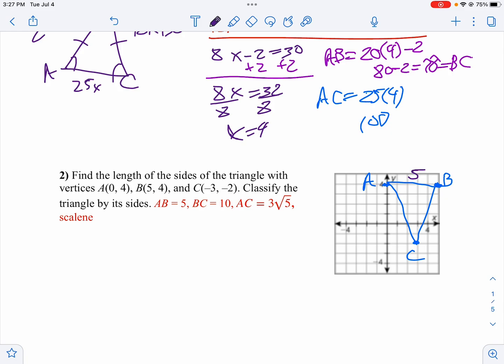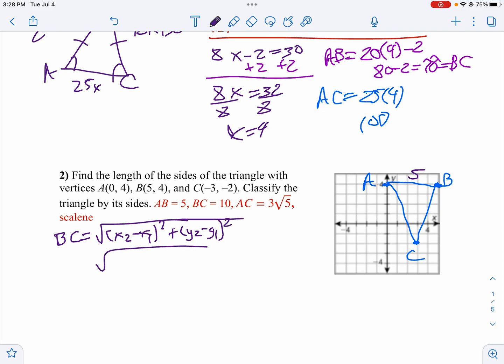Now, B to C is not a horizontal or vertical line, so I'm going to have to use my distance formula to find B to C. Remember, to find the distance formula, we subtract our x's and square them, subtract our y's and square them. So now, if I subtract my x's from B to C, I'm going to say negative 3 minus 5 squared. And subtract my y's would be negative 2 minus 4 squared.